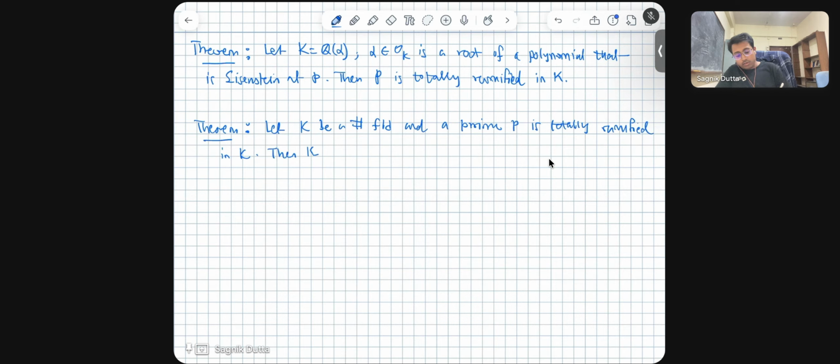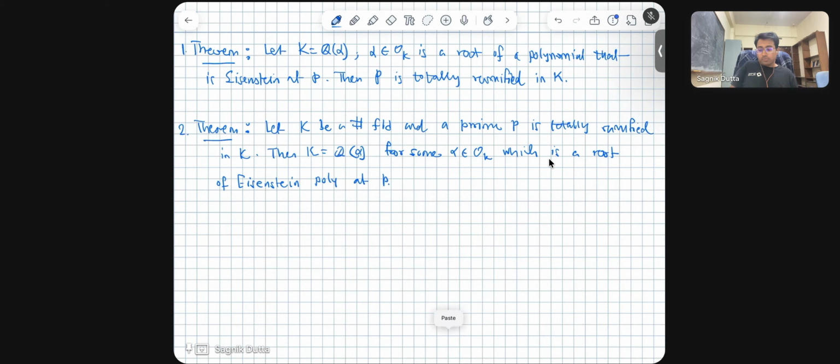Then k is generated by some alpha which is a root of a polynomial Eisenstein at that p. Right, so this is basically the other way of theorem 1.